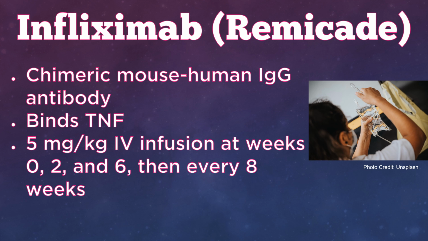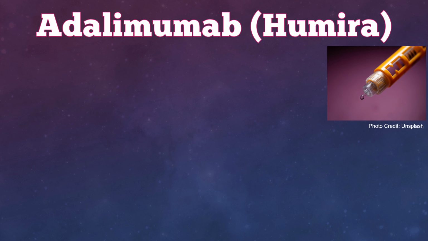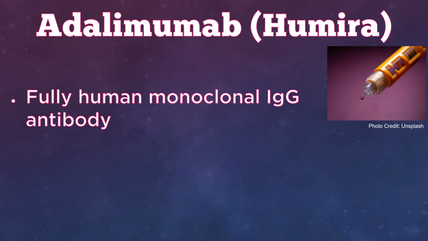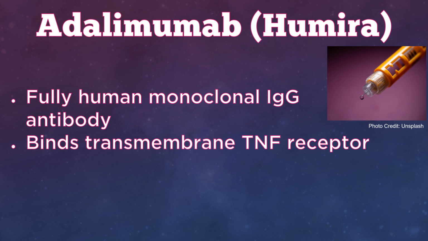The last TNF-alpha inhibitor that we'll discuss is adalimumab, spelled ADALIMUMAB. Adalimumab, also known as Humira. It is a fully human monoclonal IgG antibody against the transmembrane TNF receptor. The mu in adalimumab refers to a fully human source, whereas the mab refers to monoclonal antibody.